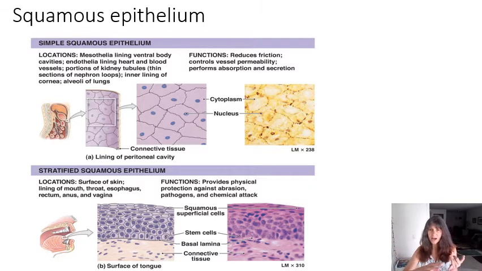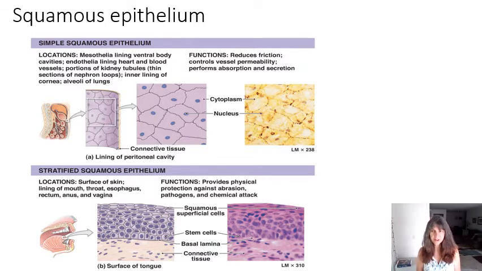And so we have reduction of friction. It's also going to allow for absorption and secretion, and it helps control vessel permeability, which means allowing things to go in and out of different vessels.